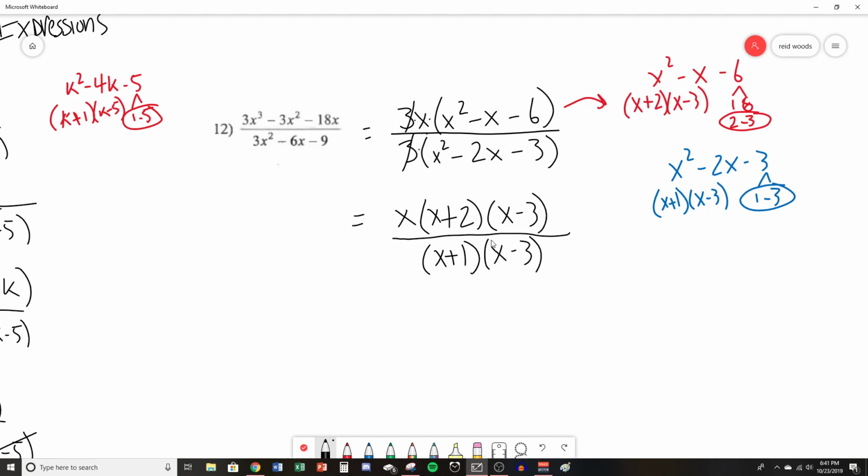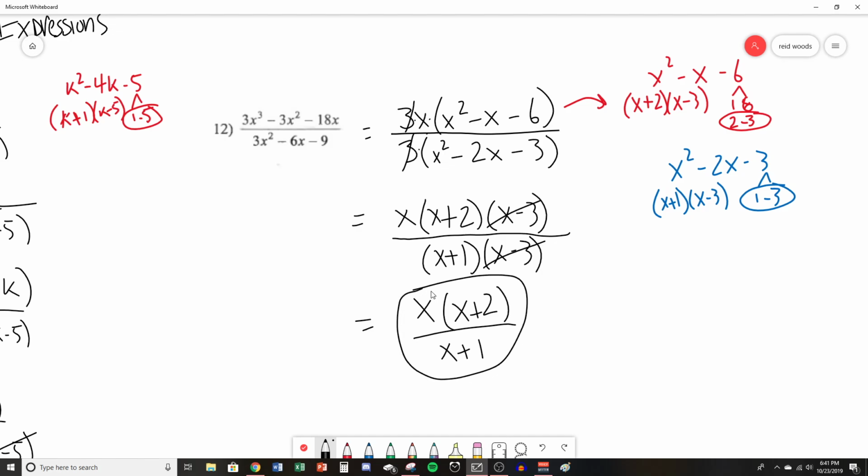All right, so we see that there's only one expression that's exactly the same, this one and this one. So they're going to divide away. That leaves us with our final answer because nothing else will simplify: x times x plus 2 over x plus 1. That concludes these two questions.